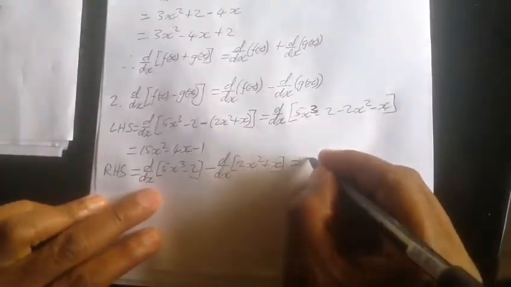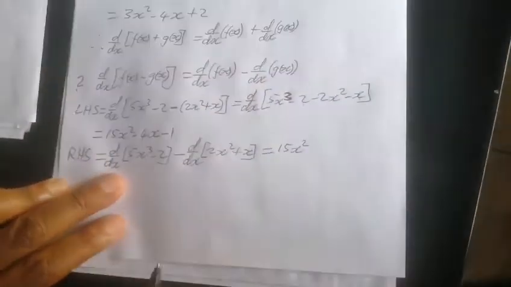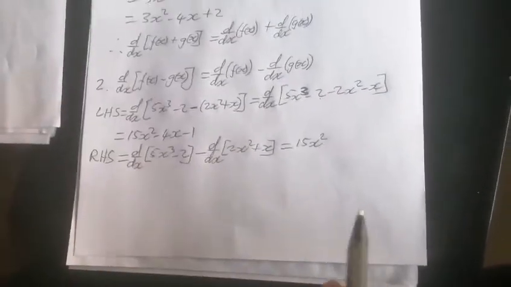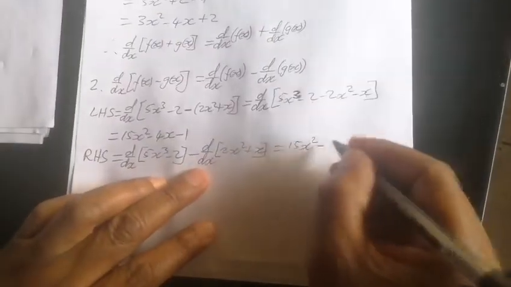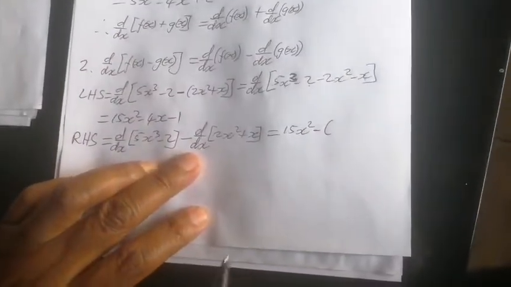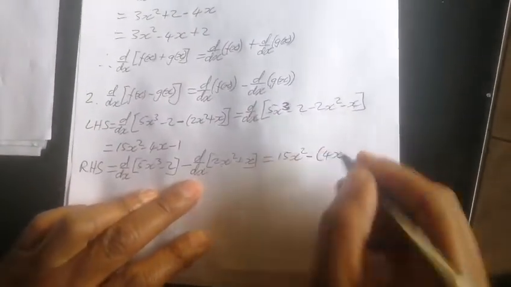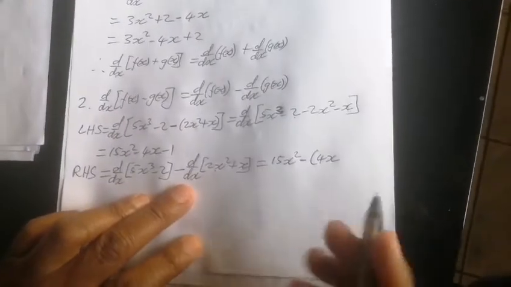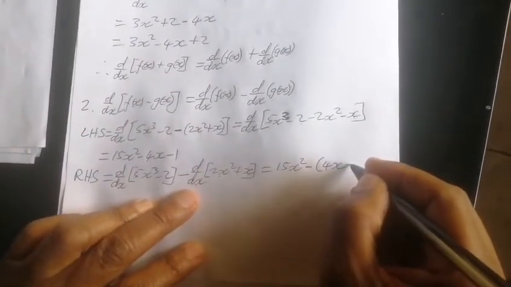Now when you differentiate this, you get 15x squared, and for a constant, you get 0. Minus, and make use of your brackets as usual. The derivative of this is 4x. The derivative of this is 1.